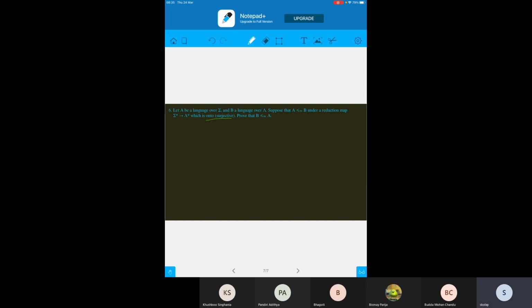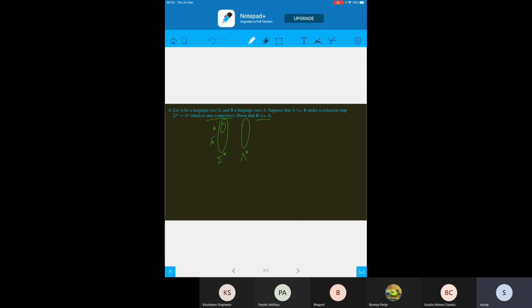So then can you prove that I can also construct a reduction map which certifies that B is many one reducible to A? Just for your reference, suppose this is sigma star and this is chi star. Suppose this was A and everything else is A bar.